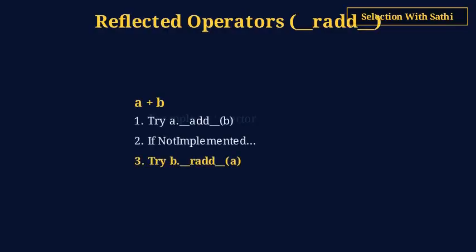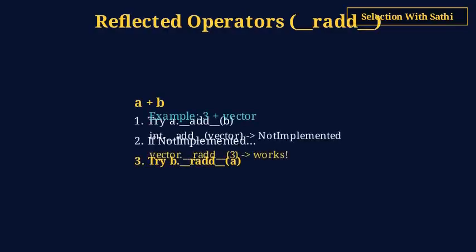Reflected operators handle the case when the left operand doesn't know the right type. If a.__add__(b) returns NotImplemented, Python tries b.__radd__(a). This is essential for mixed type operations.